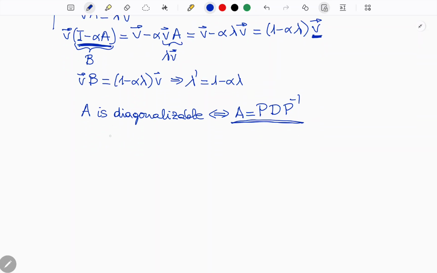So in our case, let's see now what happens with the inverse. If A is invertible, if A to the minus 1 exists, and remember that this happens always when the determinant of A is different from 0, then I'm going to calculate the inverse of this expression.